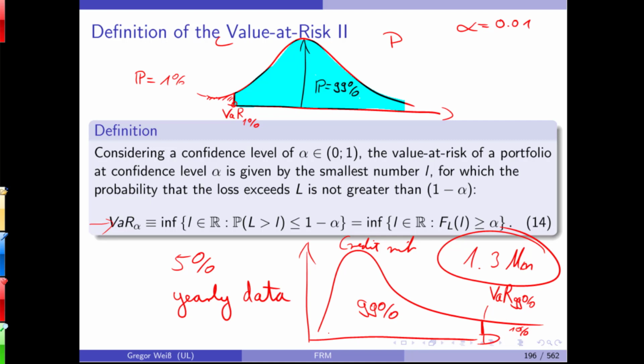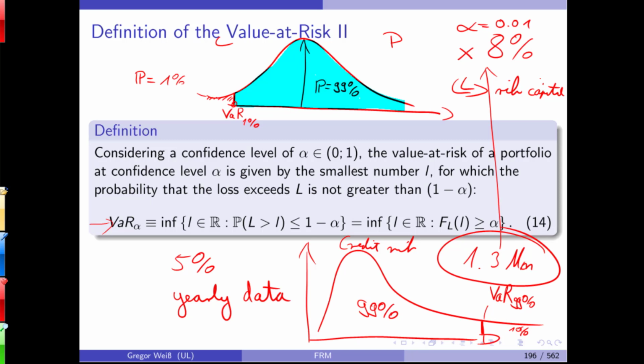And do you know what the Basel II banking regulation did? Very simplistically speaking, it said, dear bank, first calculate your value at risk. Take your value at risk times 8%. And that's your risk capital.